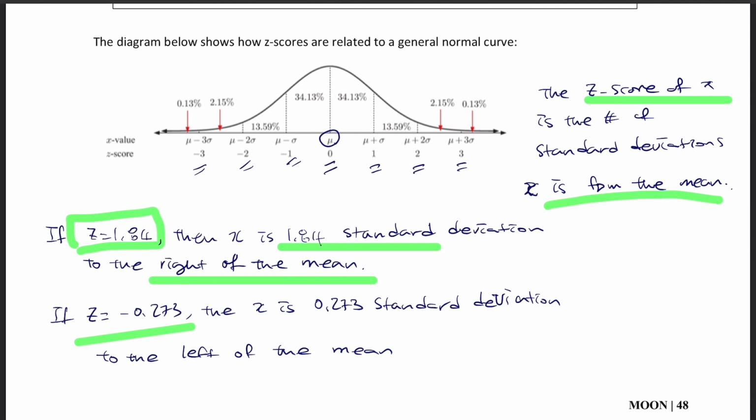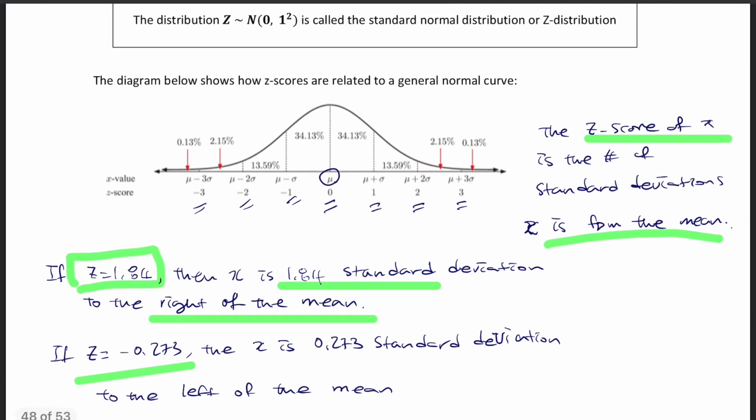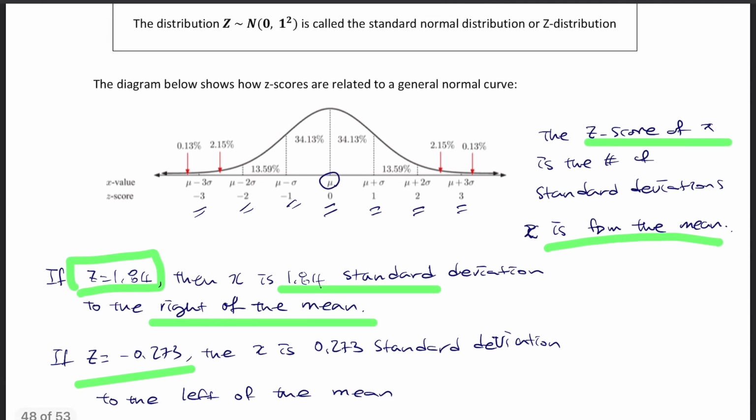And also, because of this, we have to say that z-scores are normally distributed with mean value equal to 0 and standard deviation value equal to 1.